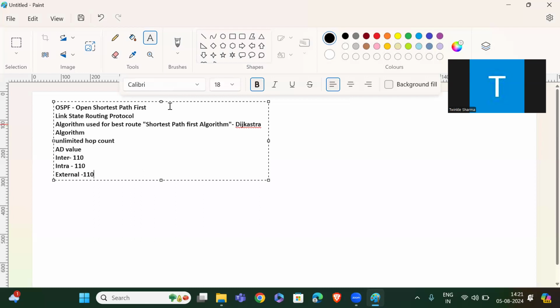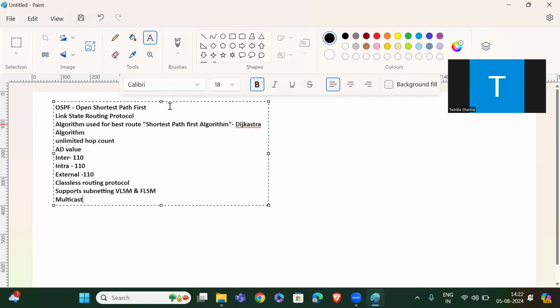Then it is a classless routing protocol. It supports subnetting, VLSM and FLSM.